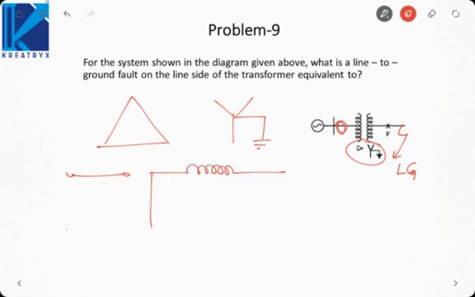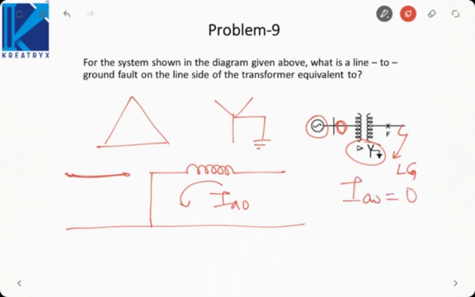It is like this. So zero sequence current can flow on the star side, but it cannot flow in the lines of delta. So if you see from the generator side, it will appear that there are no zero sequence current, and IA0 is 0 only for the case of line to line fault.